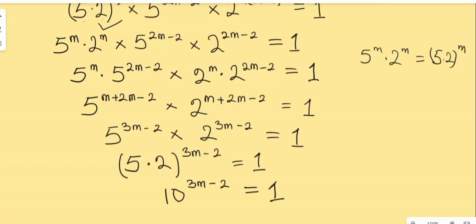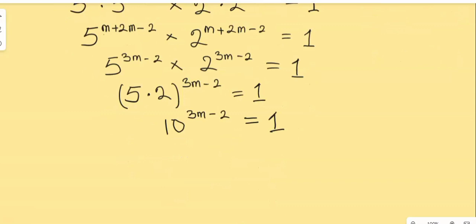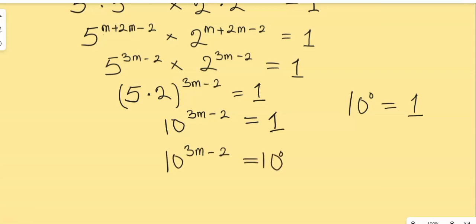As you can see now, we are almost done. Remember that anything raised to the power of 0 is 1. So we shall write our right hand side as 10 raised to the power of 0. And since they share the same base, the bases cancel out, and we shall have our remaining values, which is the index 3m minus 2, equals 0.